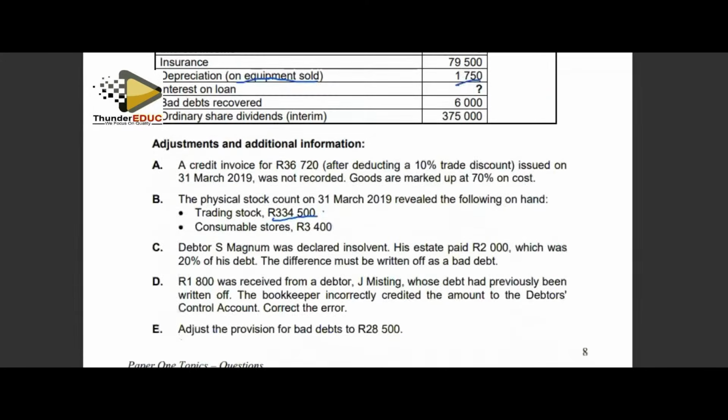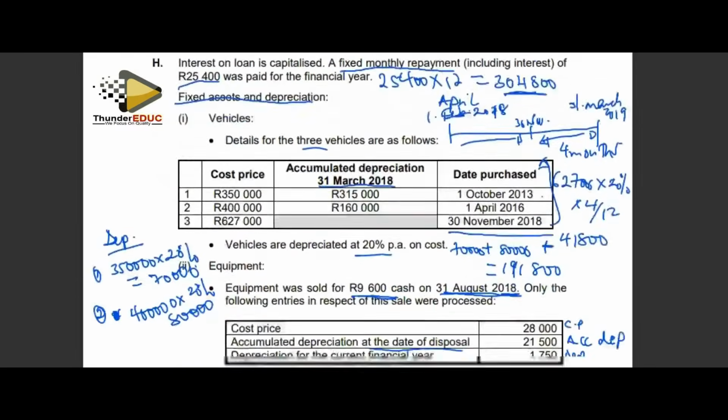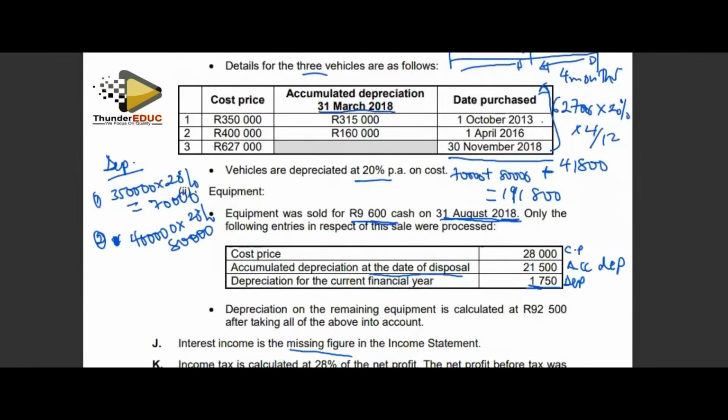So I'm going to say, to determine the depreciation for the remaining equipment, okay? So remaining. The remaining equipment means which was not sold. I'm going to say the cost price, 398,000, the cost price, minus the cost price of what was sold, which is 28,000.